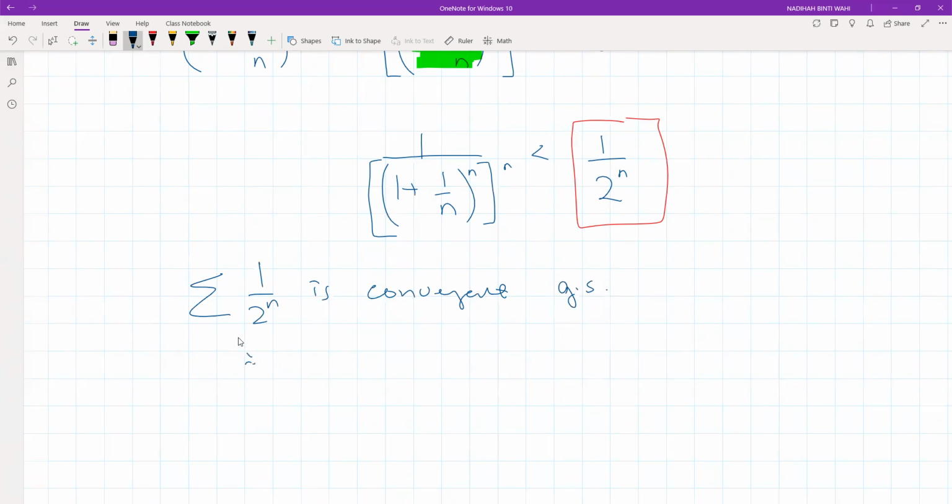Therefore, the series of 1 over (1 plus 1 over n) to the power of n squared also converges. Okay, any questions so far?